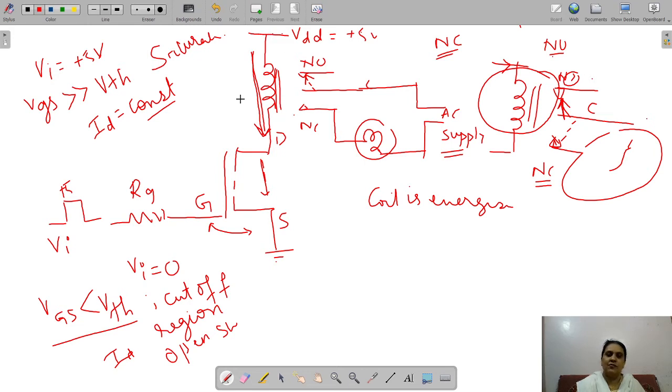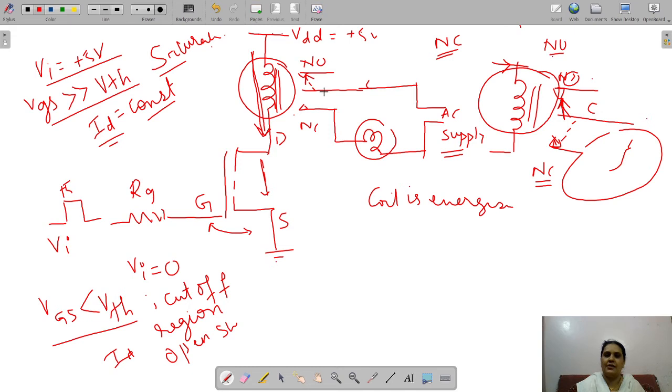Okay, so once the MOSFET is on, when it is driven to the saturation region, what is the condition for that? The Vi is plus 5 volts, or the VGS is much greater than VTH. Under this condition, the MOSFET is on. The current flows from drain to source. The relay coil is energized.